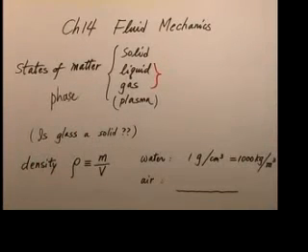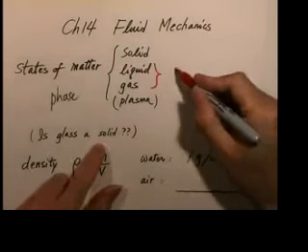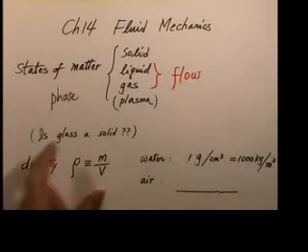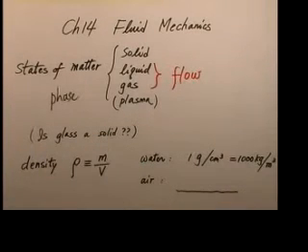Whether it's a liquid or a gas, they both can flow. This is not something you can think of when you have a solid. Solids do not flow. So in this sense, we say a liquid or a gas, either one of them, is called a fluid.